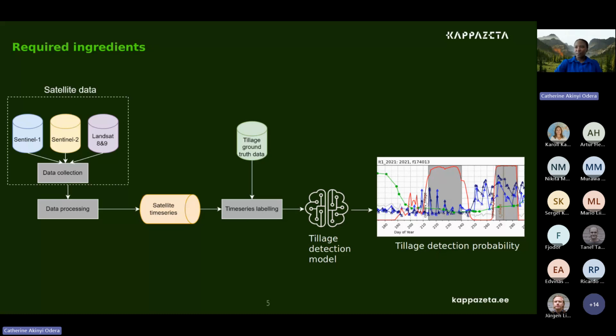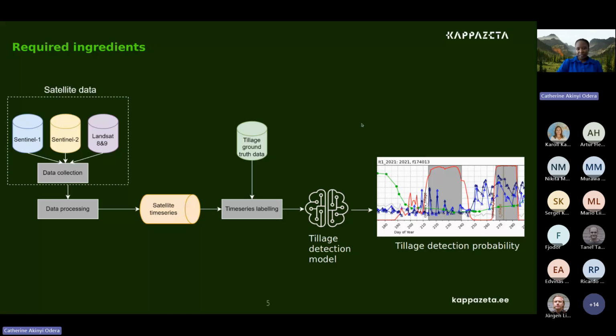And for this, you can see that there's this red line, which indicates how confident the model is that there is a tillage event that took place here, either conservation or conventional. But in this case, it is conservation tillage, meaning that the model was able to detect some crop residue on the parcel.